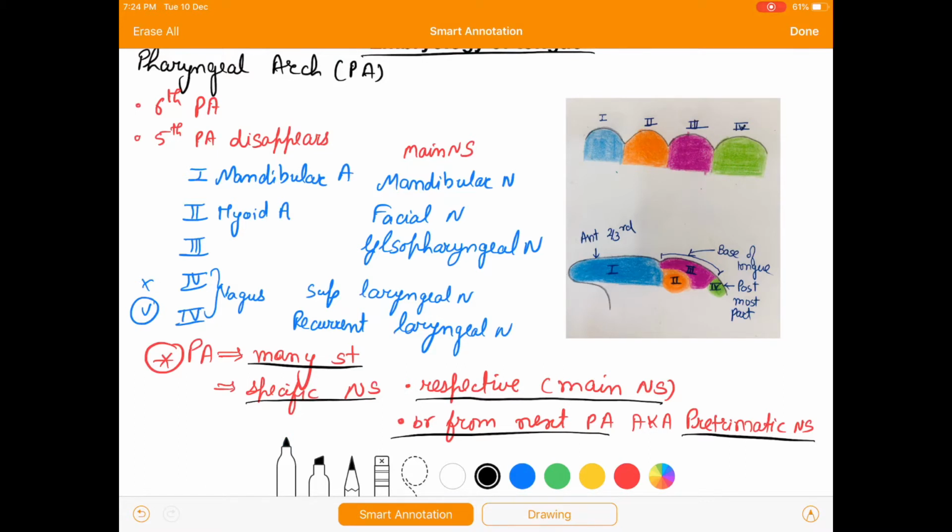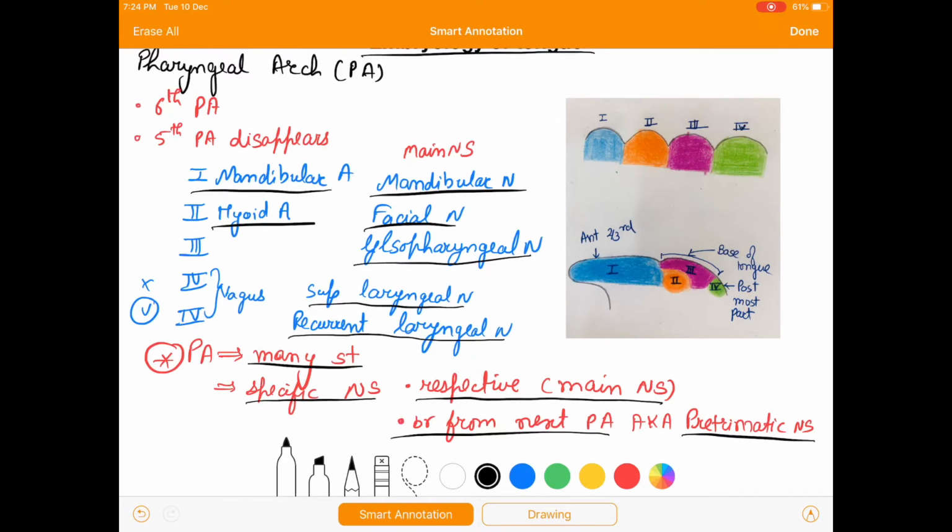The first arch is the mandibular arch, supplied by the mandibular nerve. The second is the hyoid arch, supplied by the facial nerve. The third gets its supply from the glossopharyngeal nerve, the 4th from the superior laryngeal nerve, and the 6th from the recurrent laryngeal nerve.